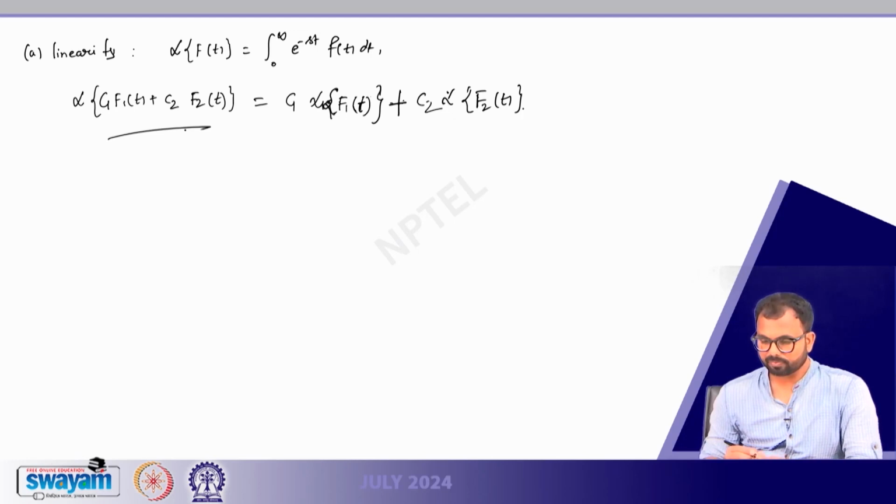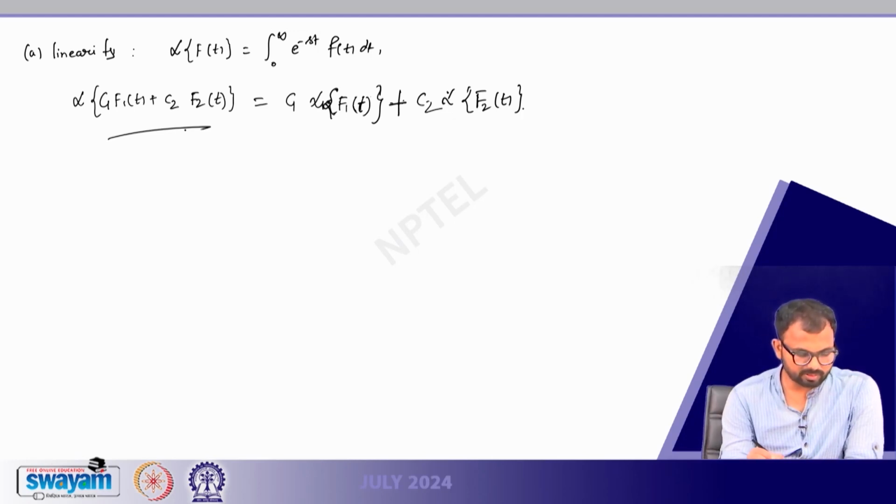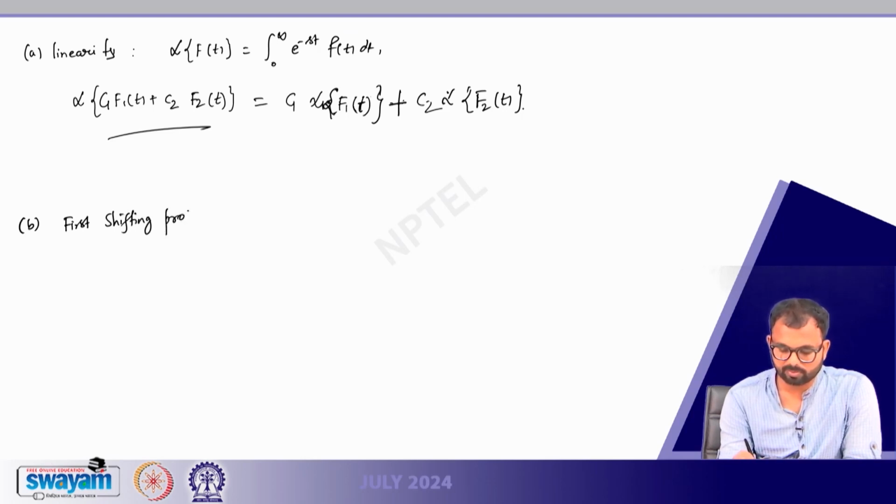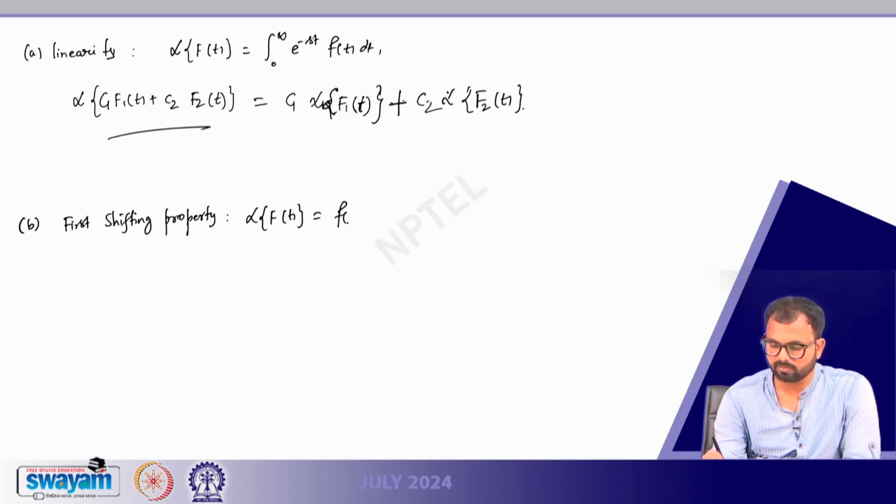The second important property is the first shifting property. It tells us that if the Laplace transform of f(t) is denoted by F(s), then the Laplace transform of e to the power at times f(t) will be F(s minus a).